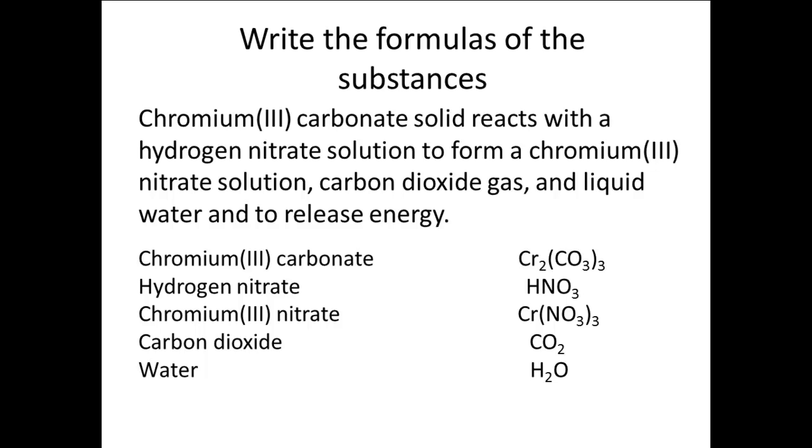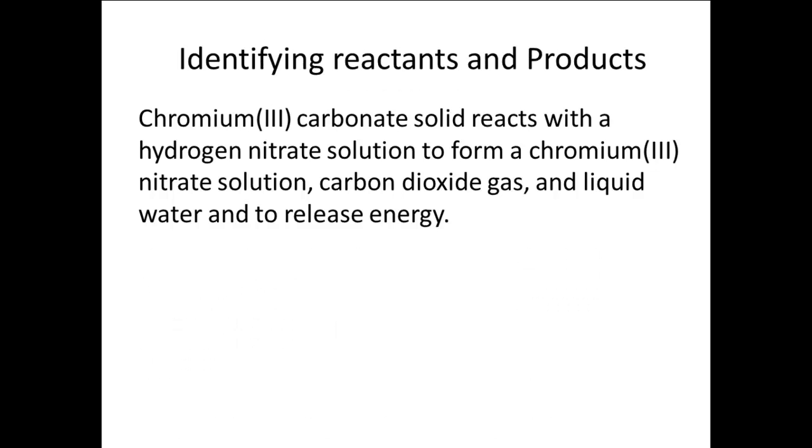Now that we have the formulas of the substances, what is next? Next, we need to determine for each substance whether it is a reactant or product. To determine this, we need to go back to the sentence. We look for the verbs to identify whether a substance is reacting or is produced. There are 2 verbs in this sentence. The first is reacts with, and the second, to form.